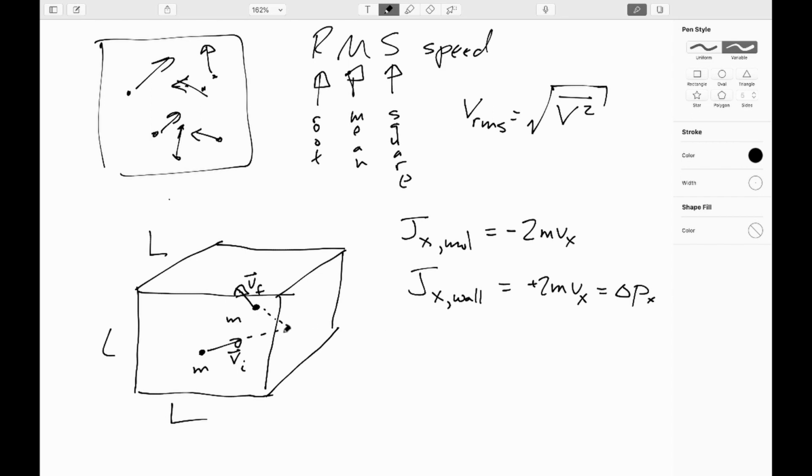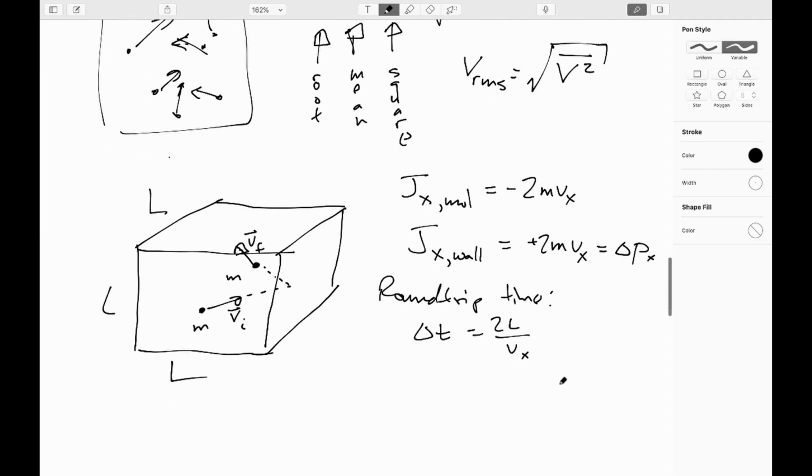All right. Now, how often is this one molecule going to hit this wall? Well, it's going to be the round trip time. It's going to be the time it takes to make a complete lap sideways back and forth, so the distance is 2L over V sub x.